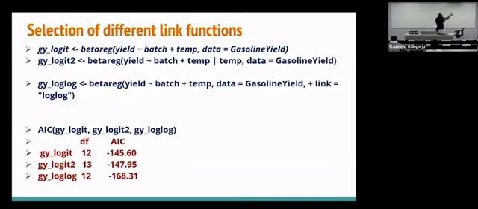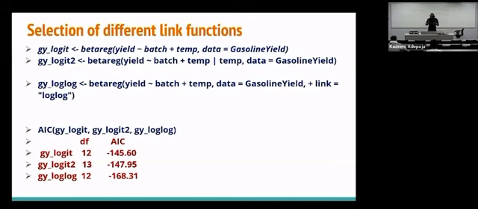But take a look at the second one, GY underscore logit 2. Temperature is being used to adjust for heteroscedasticity. We're still using identity link function. But look at the GY underscore log. We did not use any variable to adjust for heteroscedasticity. The only thing that we did is change the link from identity to the log. And let's see what happened.